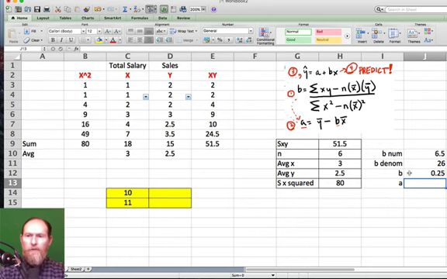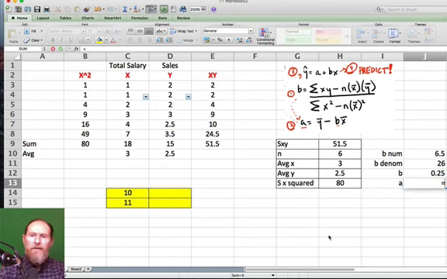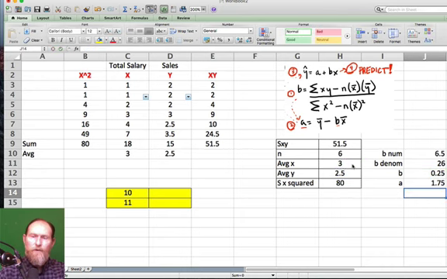So we can see the slope is much less than in our previous example. That really is neither here nor there. It's just something to note. Okay, A, again, is our average y, using our formula up at the top here, minus our slope, times the average x, 1.75.